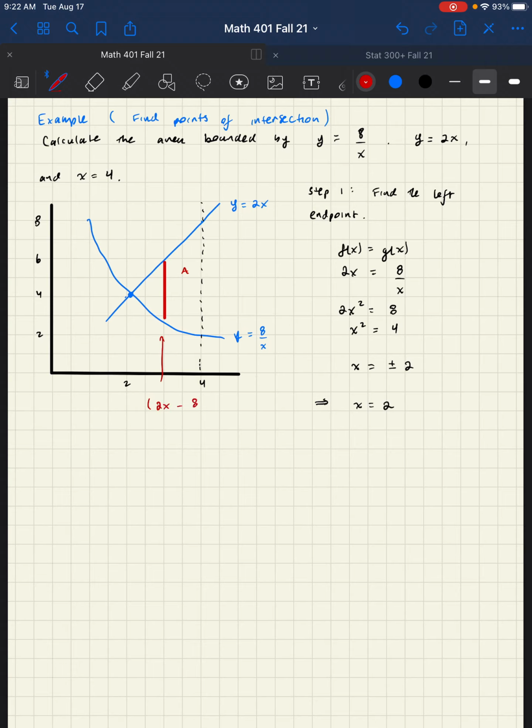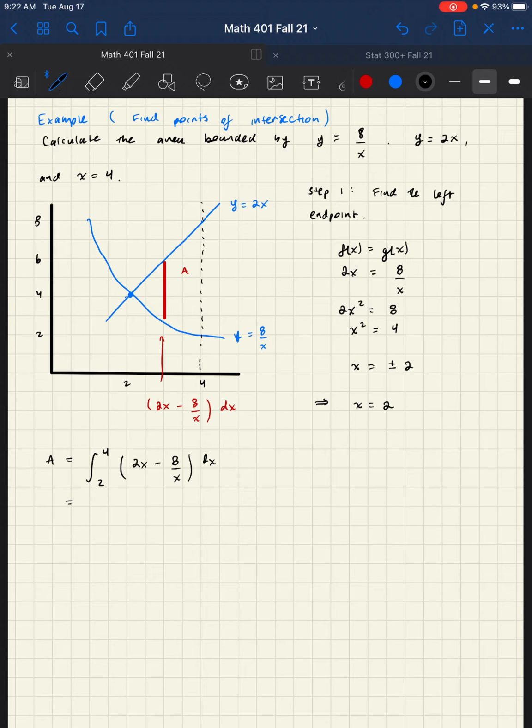We're going to integrate that from 2 to 4. So our area is going to be the integral from 2 to 4 of 2x minus 8 over x dx.